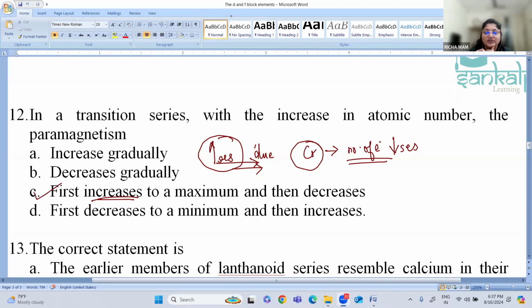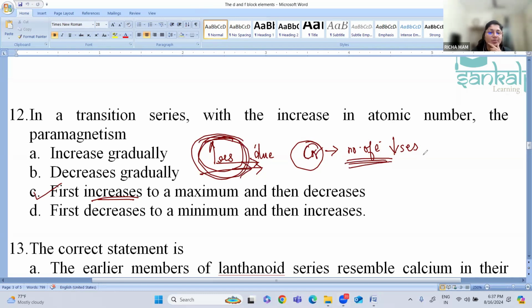Whoever answered C, C is correct. In the transition series, with the increase in atomic number, it first increases to a maximum because the number of unpaired electrons is more as you proceed from left to right, and after chromium the number of unpaired electrons decreases.